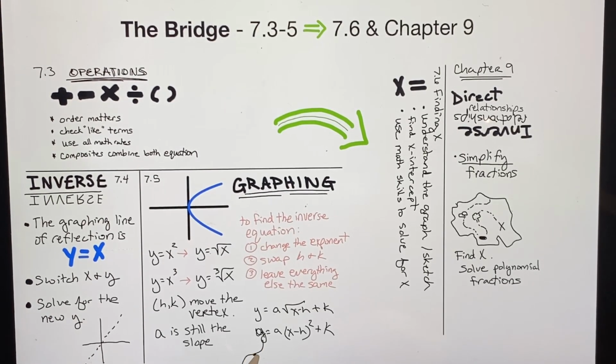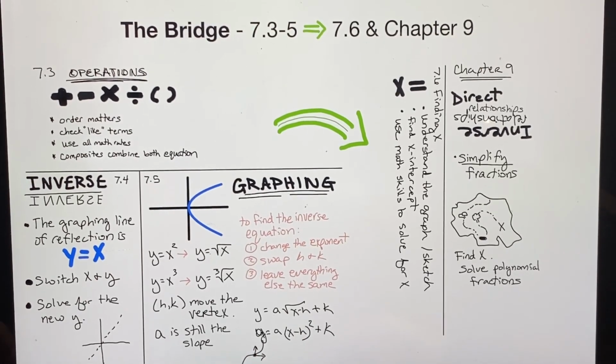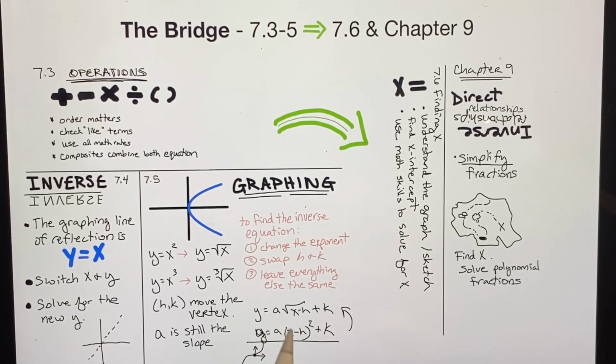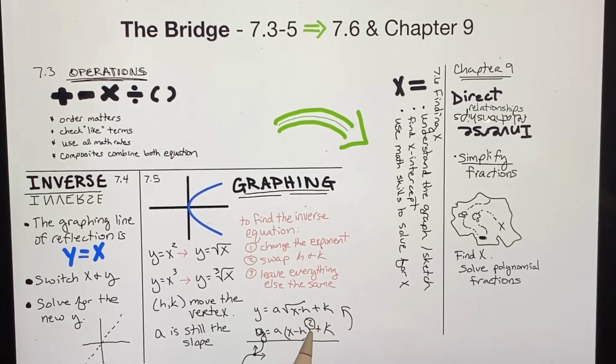And so it tells us how much this point has maybe moved off the vertex according to the h and the k. And so knowing what we know about inverses, where our x and y are swapped, we were able to take maybe one equation and write the other one because we change our exponent.